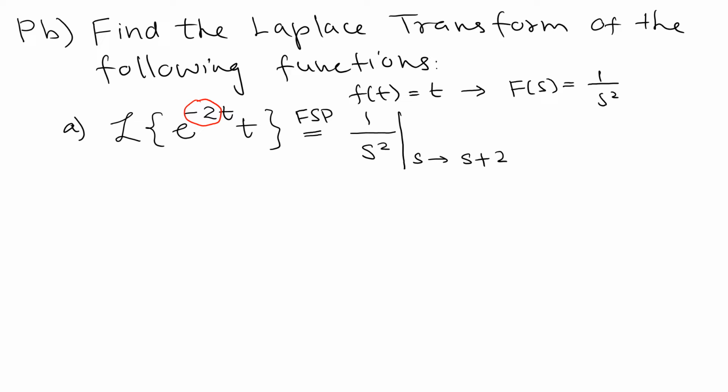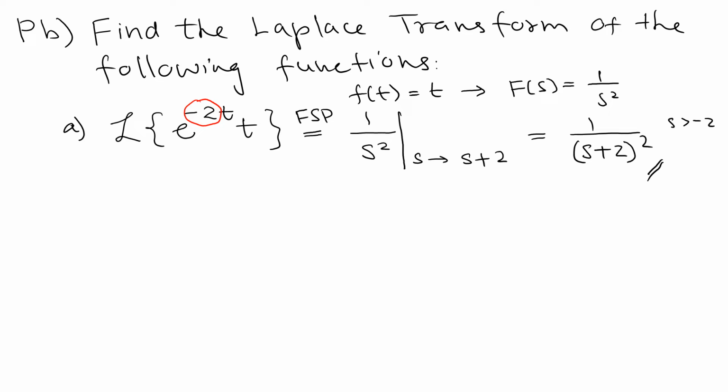Every s you replace by that, so instead of s you write s plus 2, and then again square. So the answer is 1 over (s plus 2) squared. This one is valid when s is greater than negative 2. Okay, so that's the idea.